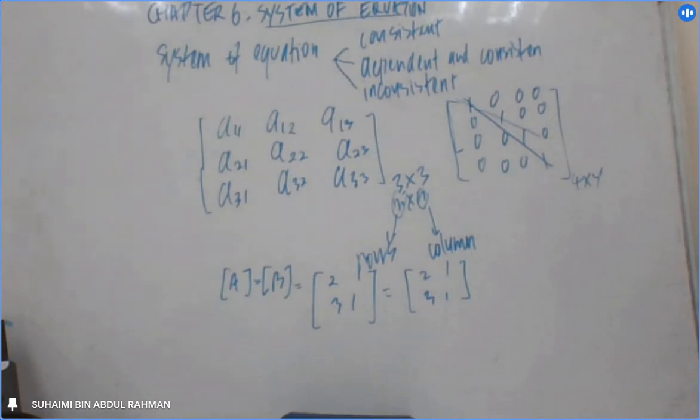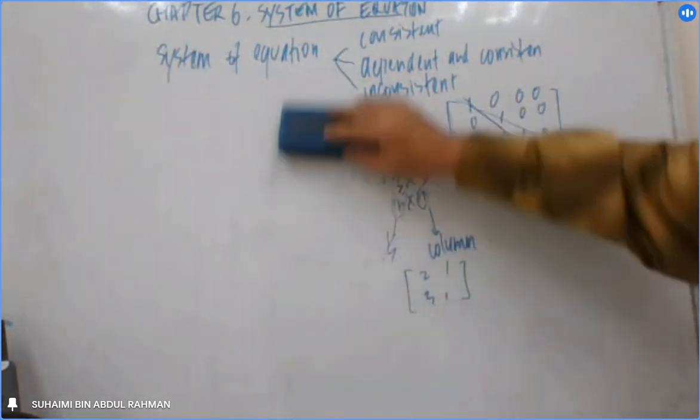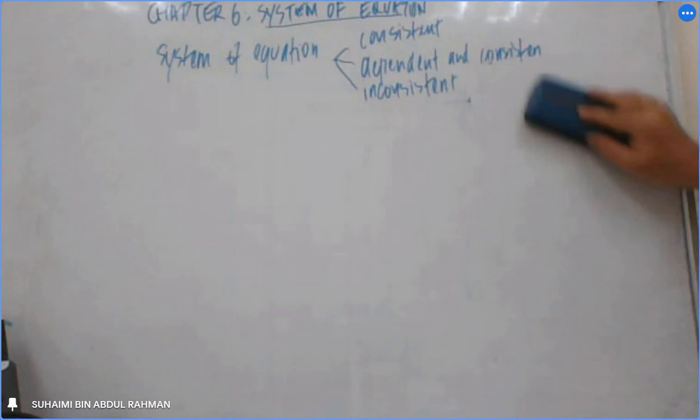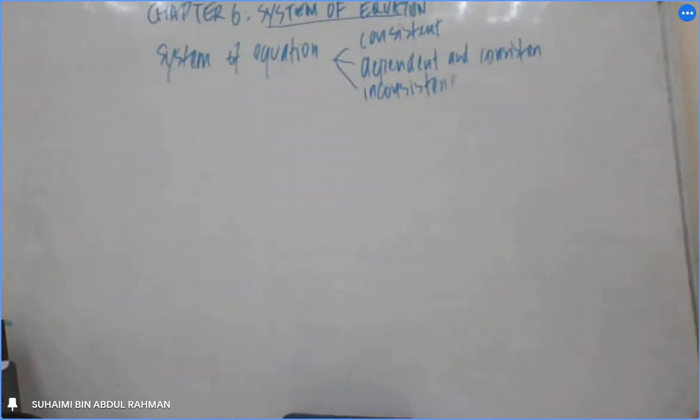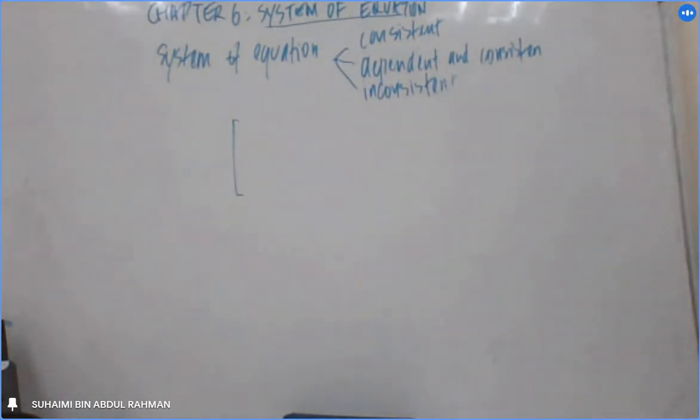Also, we know the addition of matrix. Look at how we add two matrices. Before we add matrices, they must have the same rows and columns. If they do not have the same rows and columns, we cannot add them.